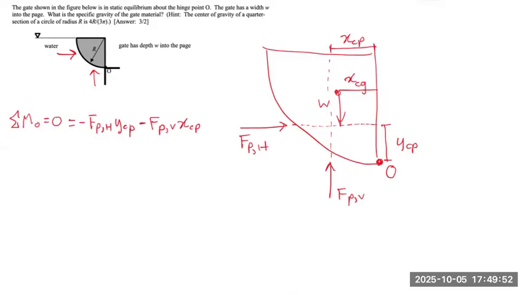And then we have a counterclockwise moment from the weight of the gate. So plus W, and this acts at the center of gravity, so XCG.